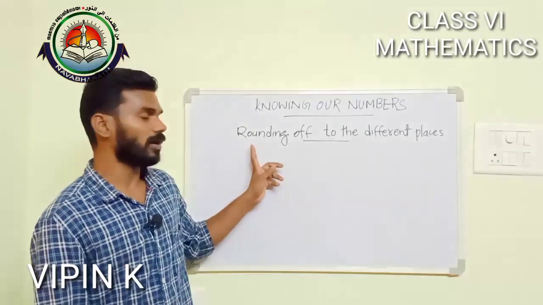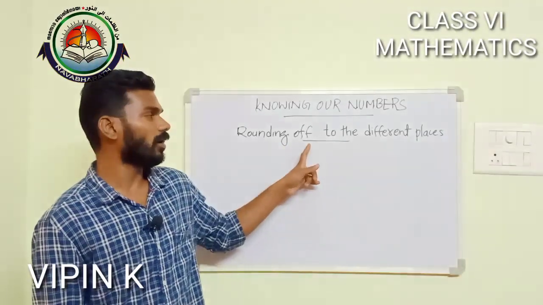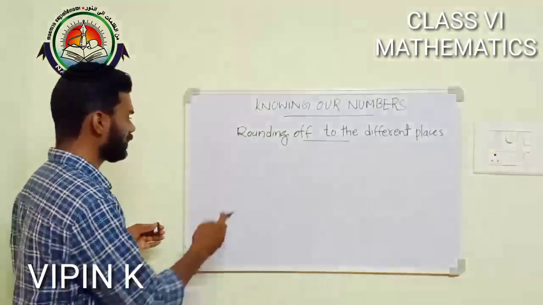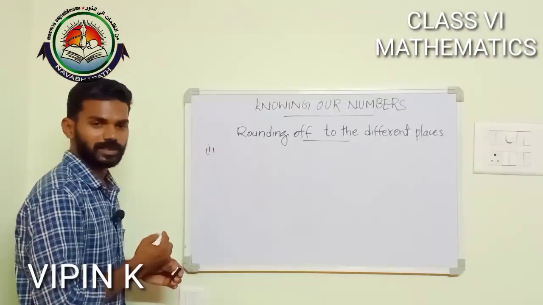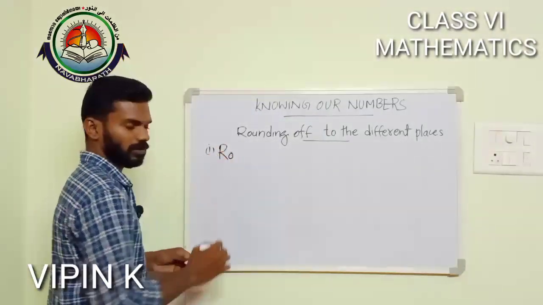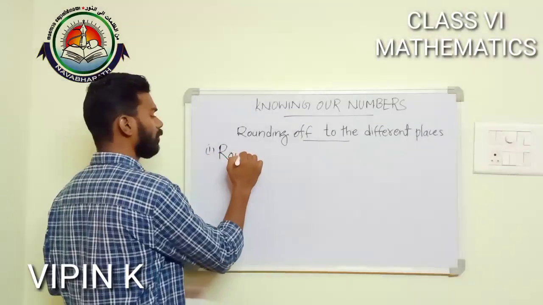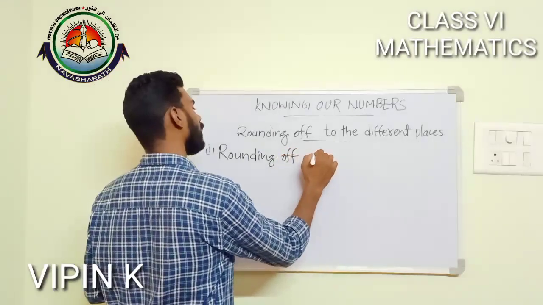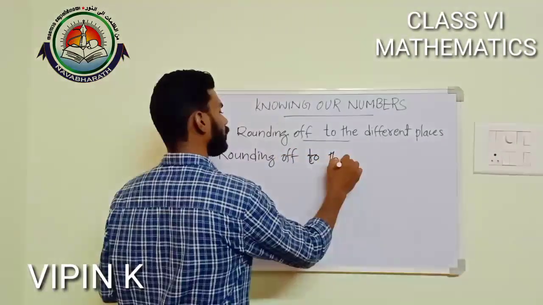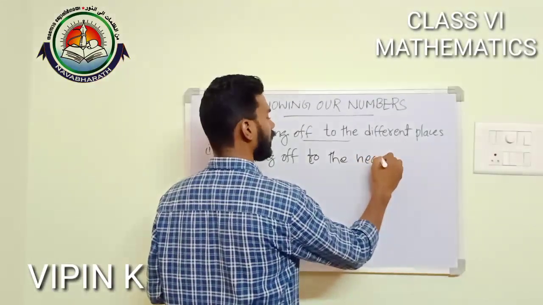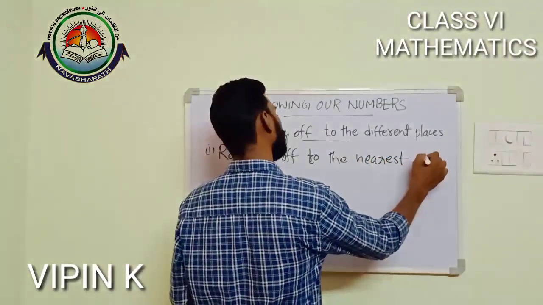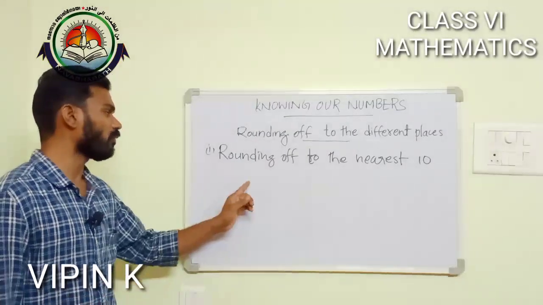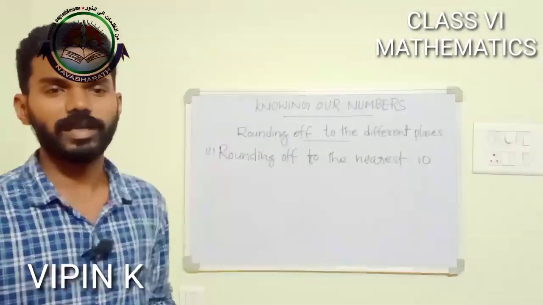We are going to discuss rounding off to different places. First of all, we would be discussing rounding off to the nearest 10. So this would be our first topic, rounding off to the nearest 10.